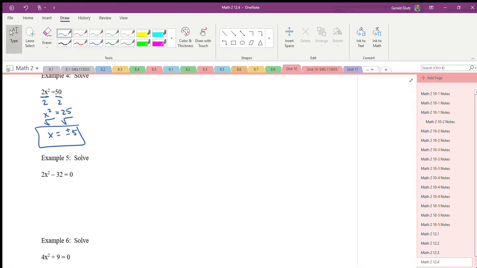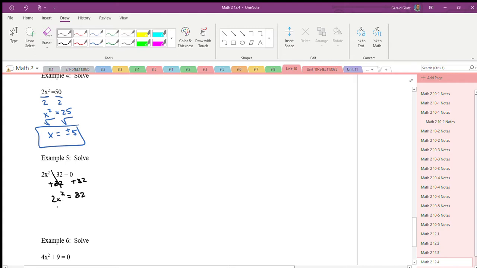And then next example. First thing I'm going to do is add 32 to both sides. So I have 2x squared is equal to 32. My goal is to get the x squared alone. The reason I added 32 to both sides is because that starts the process of getting the x squared by itself. So I still have a 2 there.